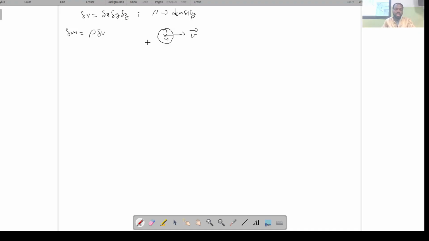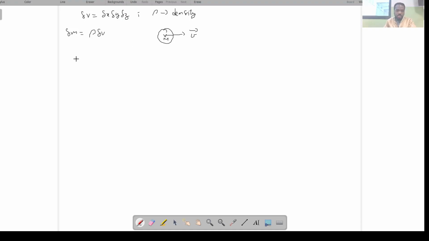So the goal is to perform a force balance to identify the forces acting on this fluid element. And according to Newton's second law, the product of the mass and the acceleration equals the sum of the forces acting on the fluid element.